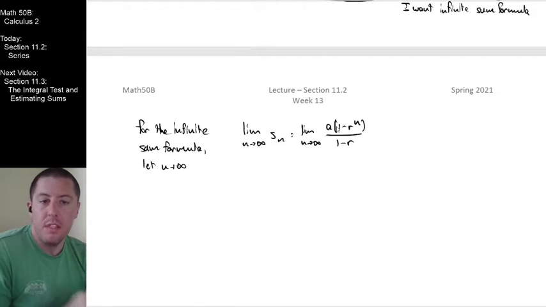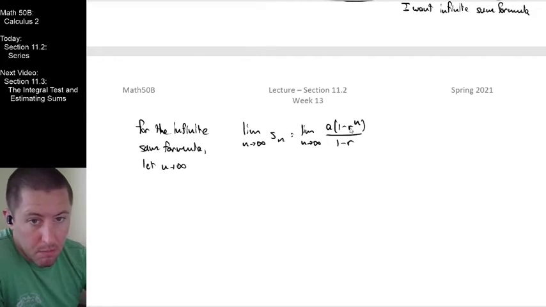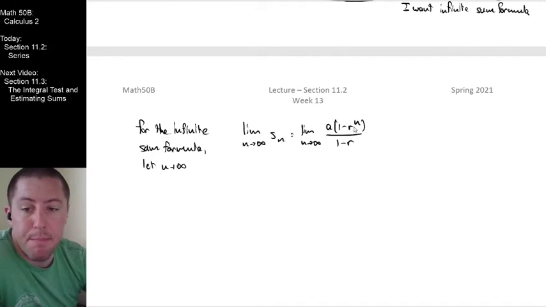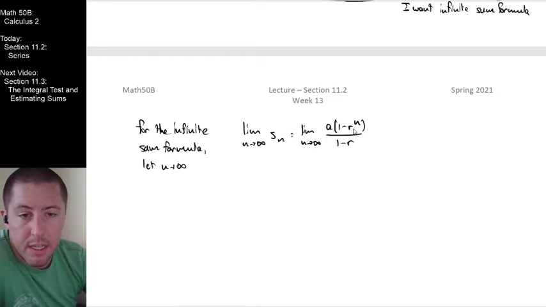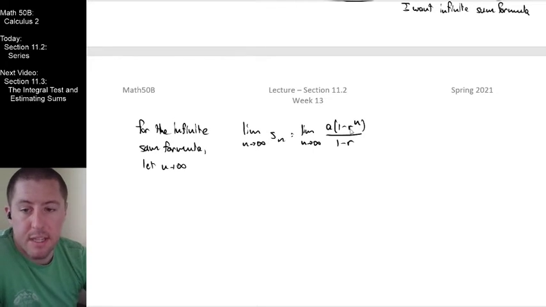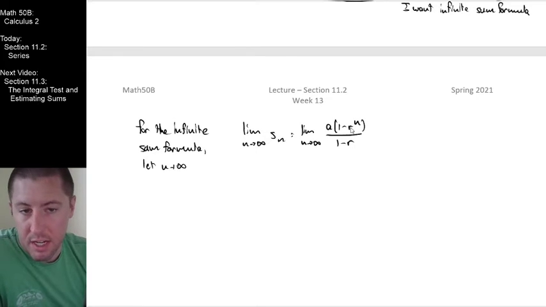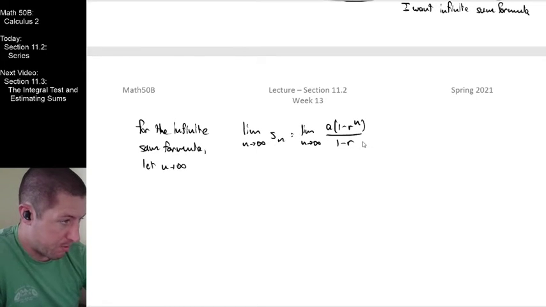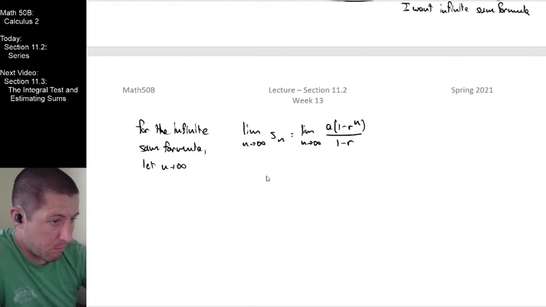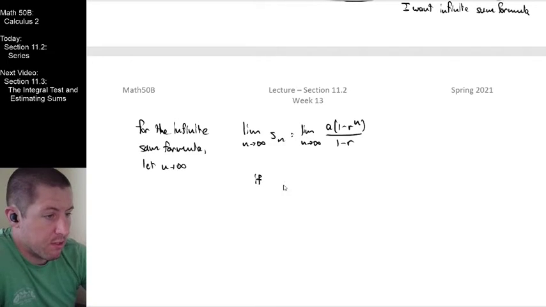So it seems to be the case that if r is a number bigger than 1, then we're going to diverge off to infinity. If r is a number less than 1, then taking those large powers is actually going to crush us down to 0, and we're going to converge to some value based on the terms remaining in the series here. So we can state those two statements here.